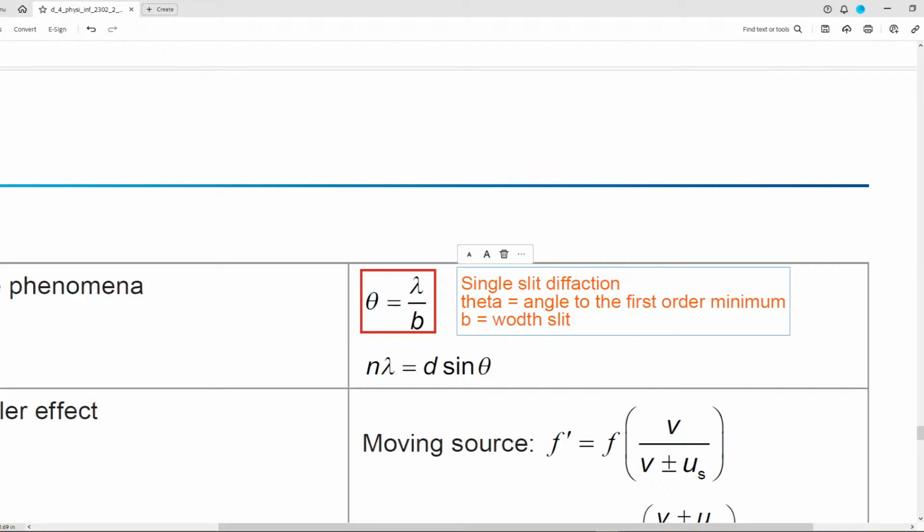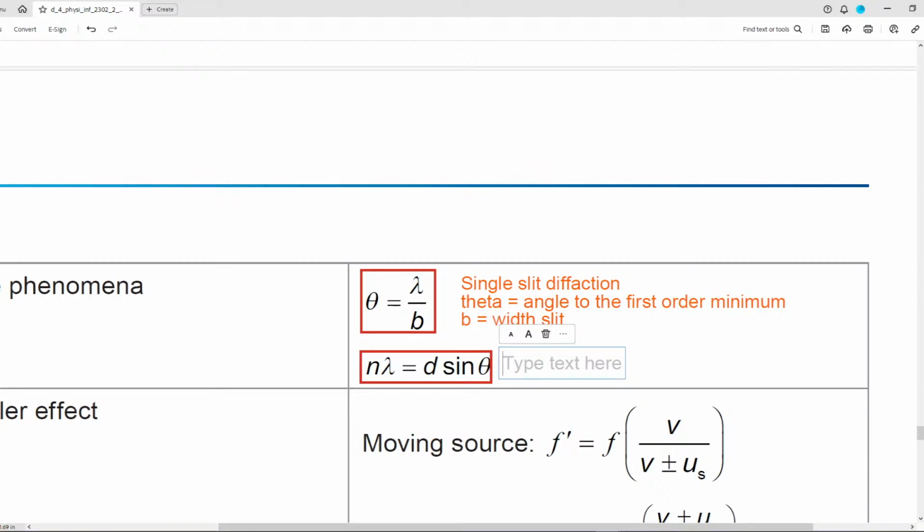But I digress. So that's what happens when diffraction occurs, and the actual general diffraction formula is the one down below. This is called the general diffraction formula.